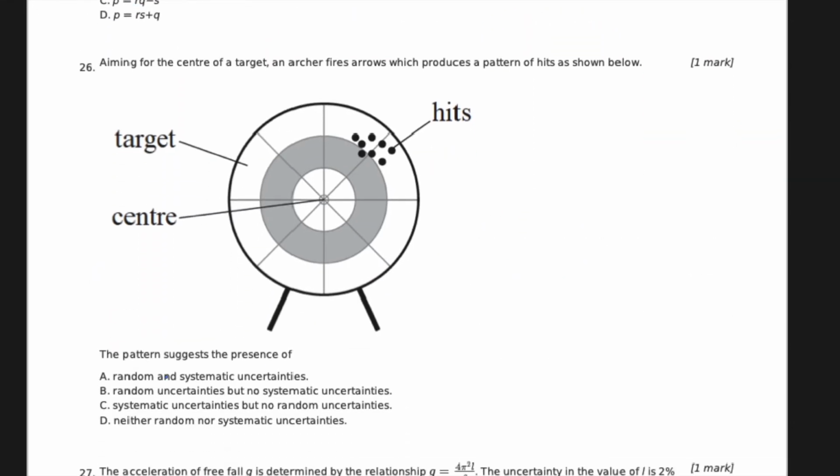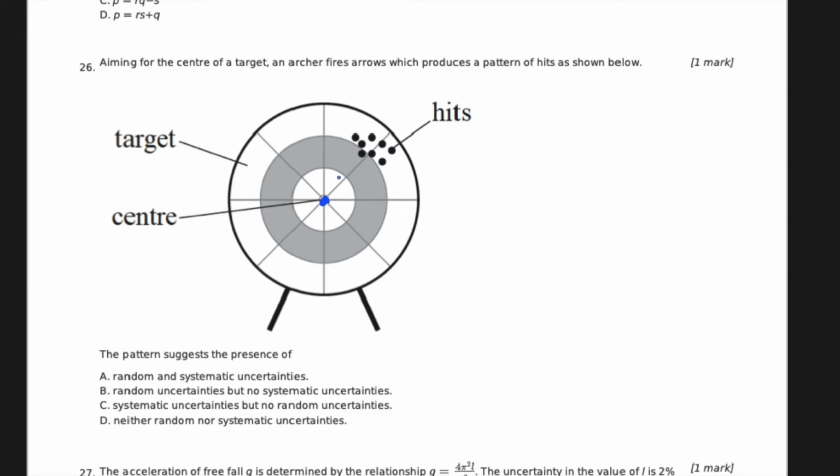Aiming at the center of the target, the archer fires arrows which produce a pattern of hits as shown below. The pattern suggests the presence of what? The center is here and the target is here, right? And you need to determine the random error and the systematic error. A systematic error is consistent throughout, and random error generates a pretty large range of uncertainty.